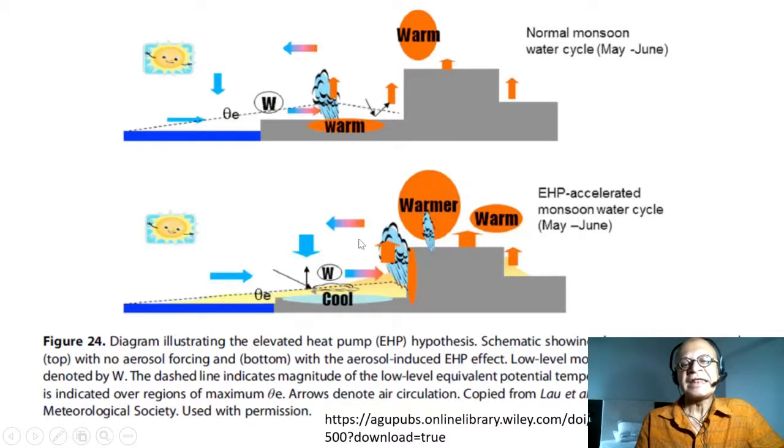So this is an elevated heat pump hypothesis which has been debated now. Bollasina and Nigam argue that this doesn't work. Some other model results argue that this does work. One thing always key to remember is the representation of the absorbing and scattering aerosols.